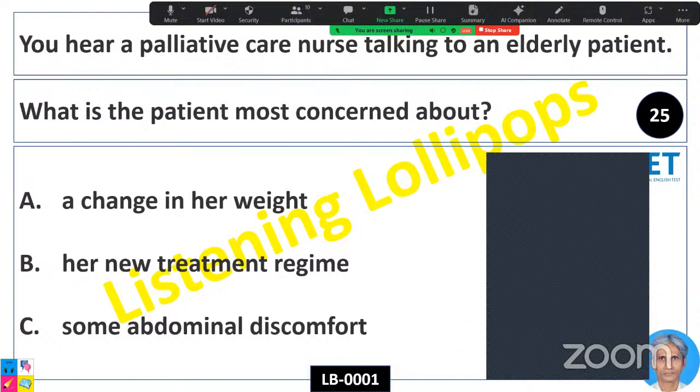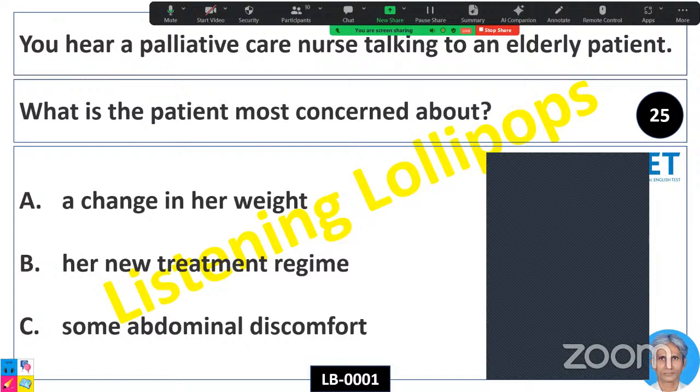Come on. Only worry, nothing else. Concerned, worried, upset, tensed, anxious.